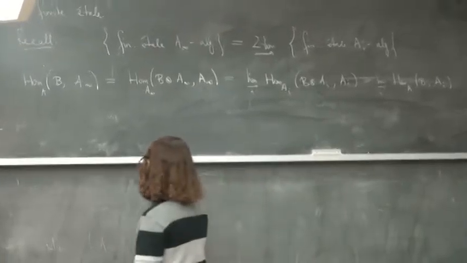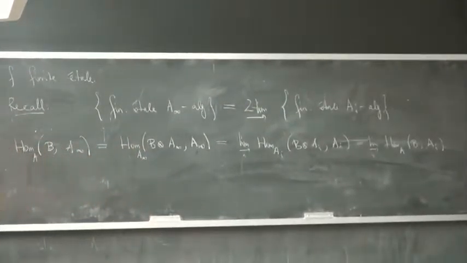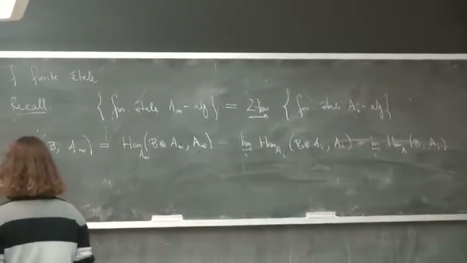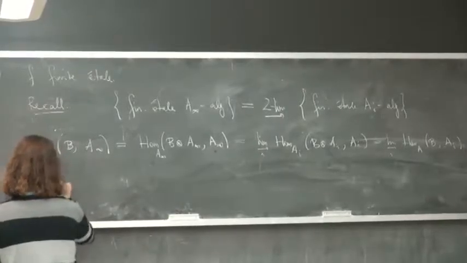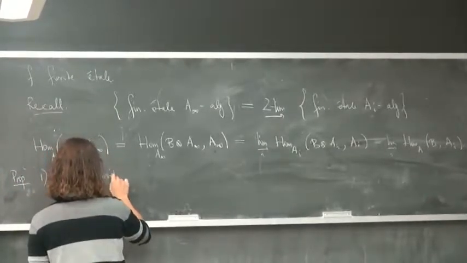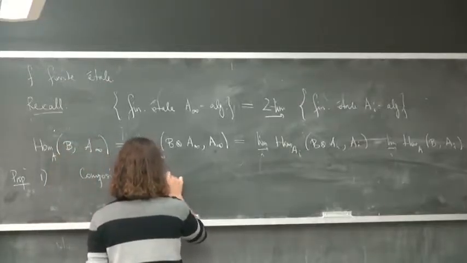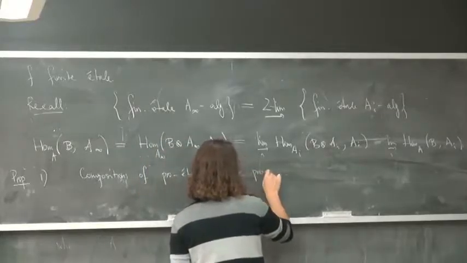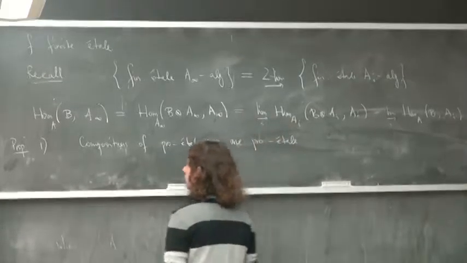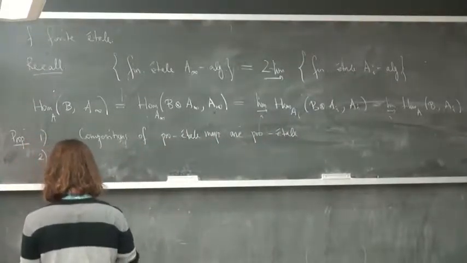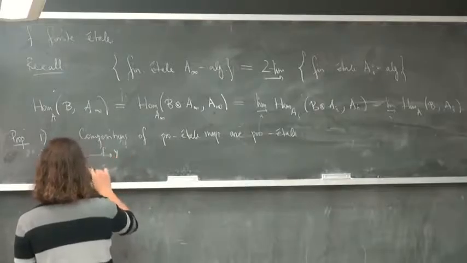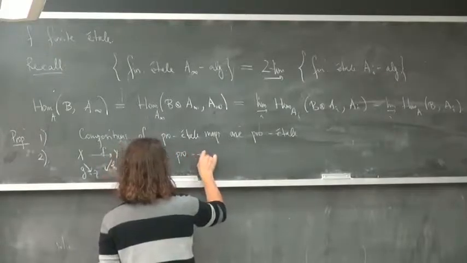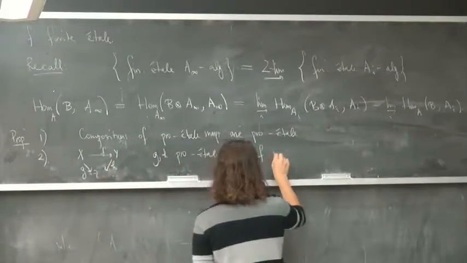Okay, so once you know what morphisms between pro-étale things look like locally, you can verify that pro-étale maps have nice properties. Compositions are pro-étale. Also, if you have such a diagram and G and H are pro-étale, then F is pro-étale.